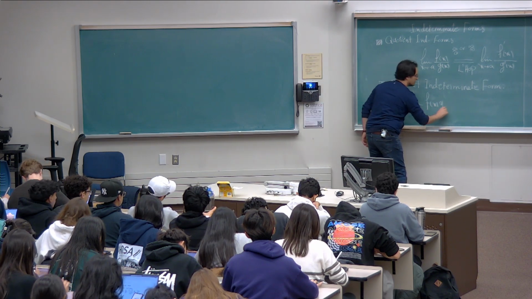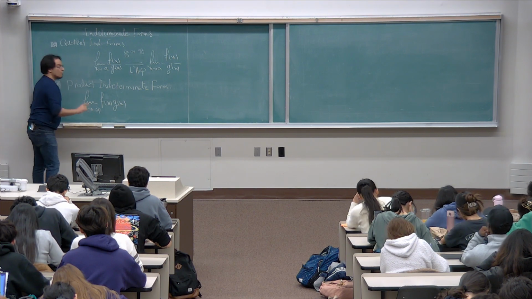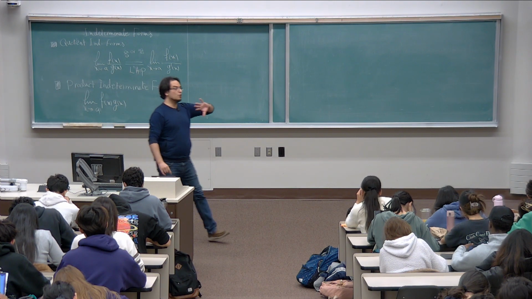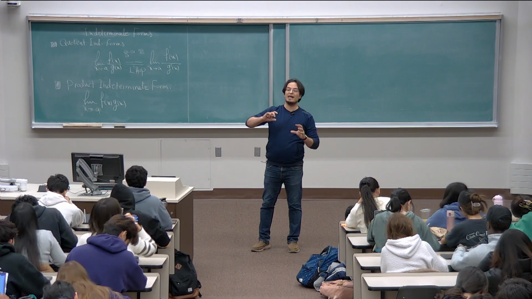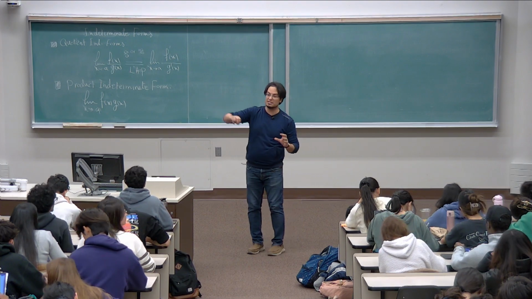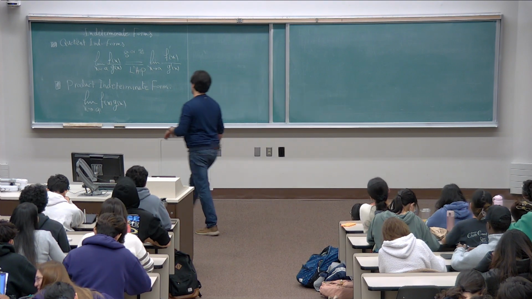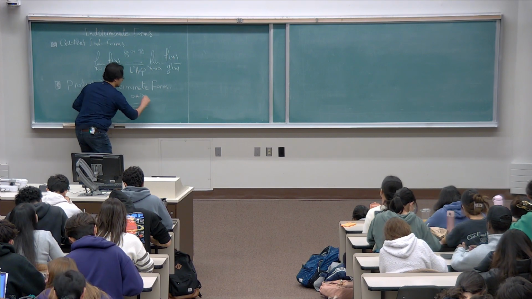They're multiplied. One has a limit that goes bigger and bigger, an infinite limit. The other one has a limit that goes smaller and smaller. One is vanishing, the other one is growing. So we have 0 times infinity.